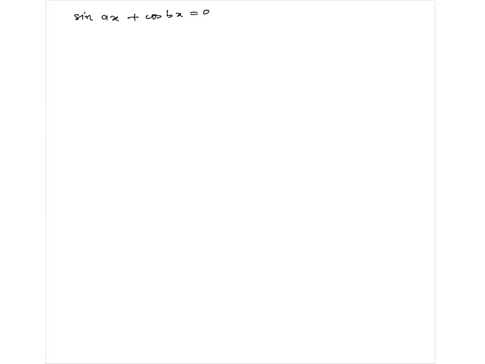Now, this one we can do either in sine form or in cos form, our choice. Suppose we want to do it in cos form. Then I will convert sine to cos. Right?